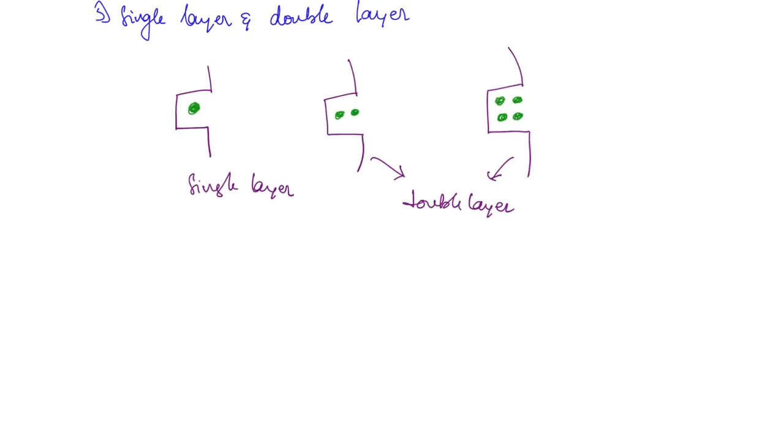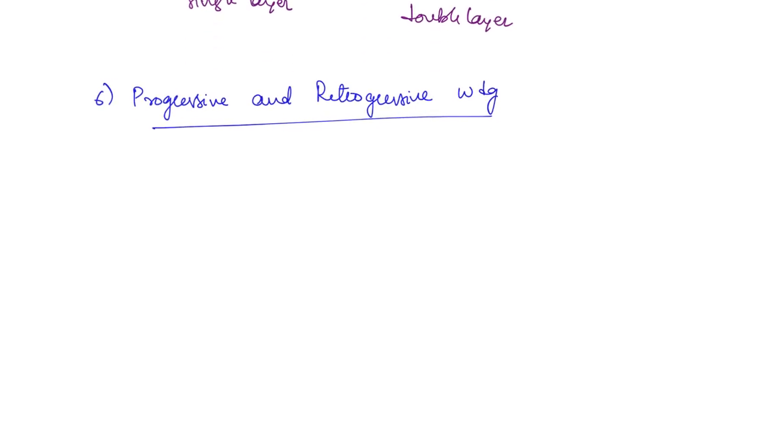Next, progressive and retrogressive winding. What is the difference between these two? If you take the commutator segments like this, here you have one commutator segment, this is another commutator segment, and this is the insulator in between. Now what is happening in a progressive winding? In progressive winding, the coil will start on one commutator segment and then it will end on a commutator segment that is after that.